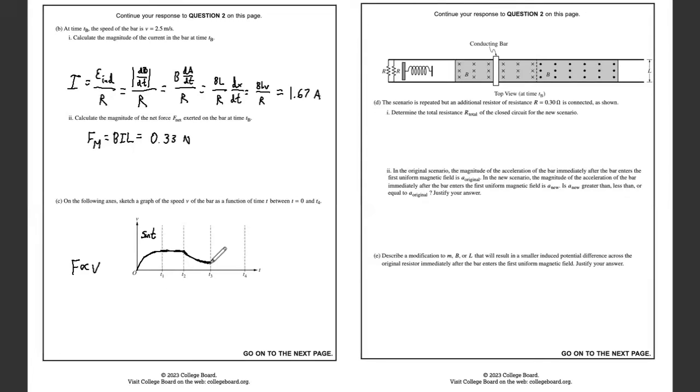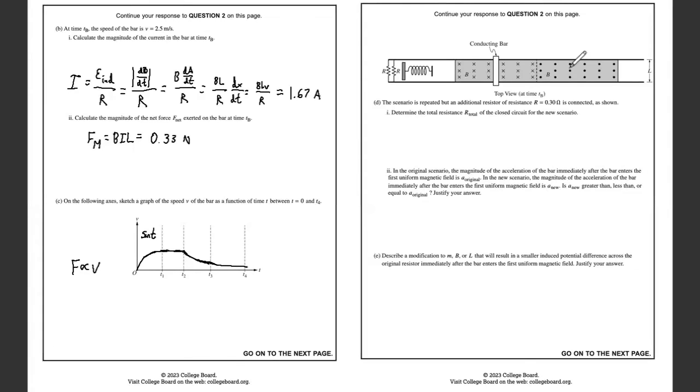You do actually end up with another exponential decay because as you go into the next field, which you should be able to actually see on the picture on the right half of my screen here, you should actually end up with another induced current pointing to the left, pointing clockwise this time. And in terms of that, that would also exert a net force to the left, opposite of your velocity.